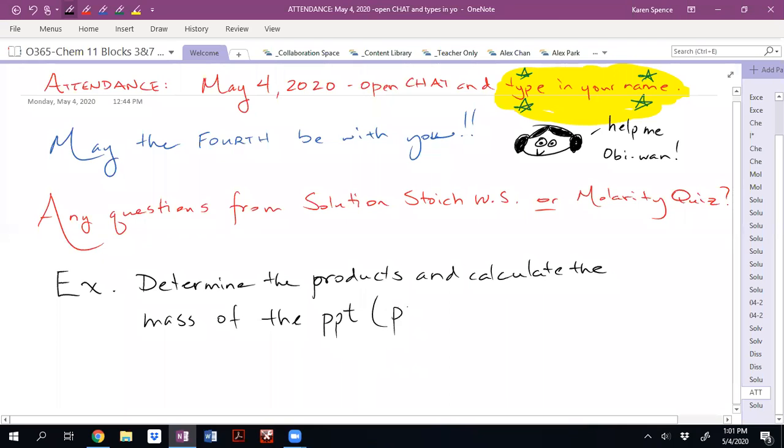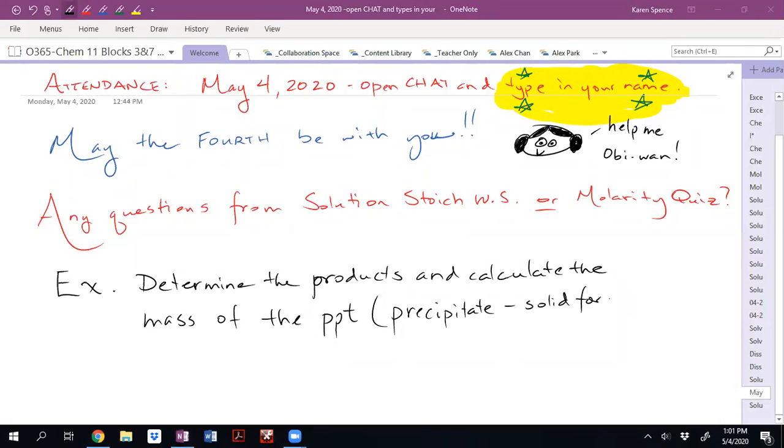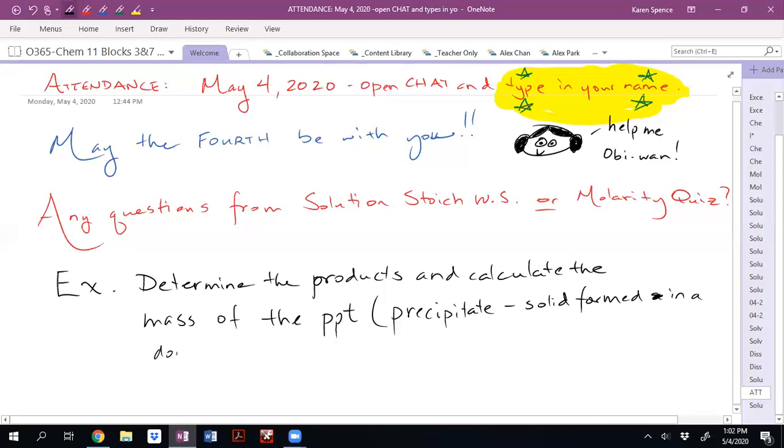That is the precipitate, yes, and that is the solid formed in a double replacement reaction. Okay, so we're going to determine the products and we're going to calculate the mass of the precipitate.